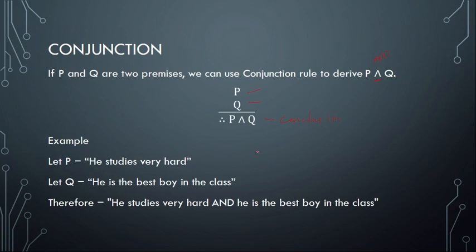But if both are true, the return value is true. The propositions here are all positive, so let's say both are true. Therefore, the conclusion is, he studies very hard and he is the best boy in the class.